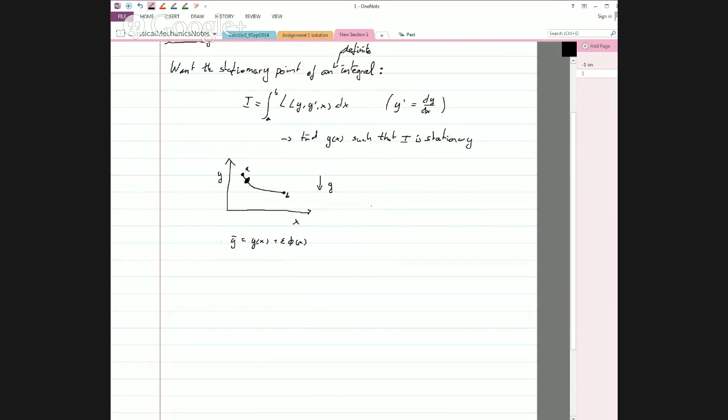So we make a completely new function, y bar, that differs from y of x by some small quantity epsilon, but it's a completely new function. And then we defined the variation of y. So the idea of varying the function y as y bar minus y, and so this epsilon phi of x. All right, so y bar is y plus delta y.